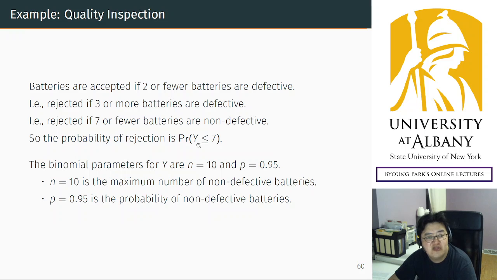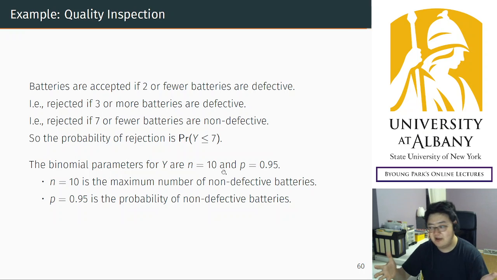And this random variable Y is another binomial distribution. Oh, I just heard a thunderstorm. I was surprised. So the parameters for Y are 10 and 95%. First, n equals 10 because the maximum number of non-defective batteries is 10. Because you are inspecting 10, then at most there are 10 non-defective batteries when every battery is fine.